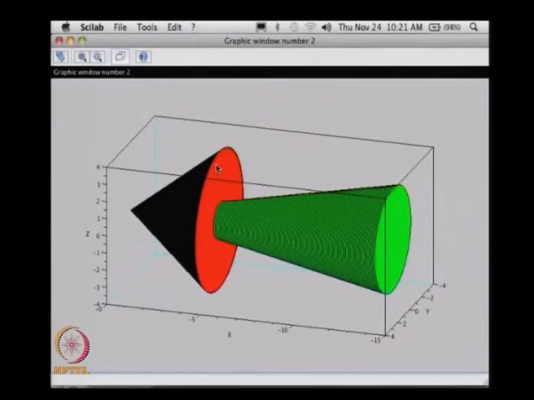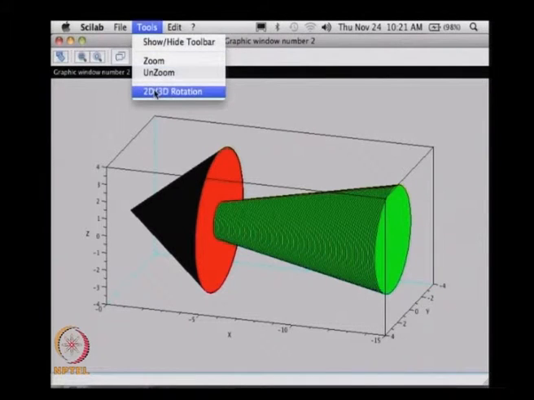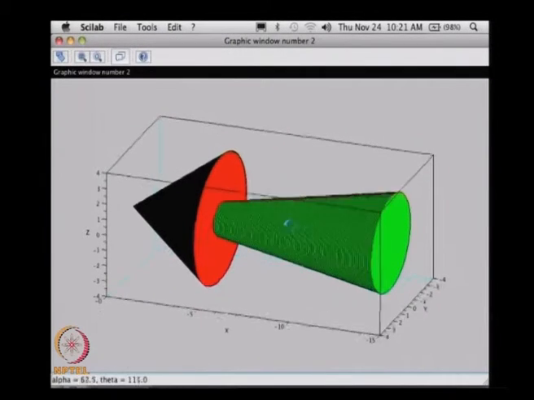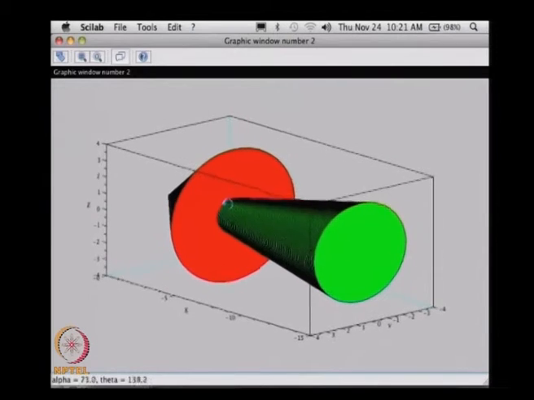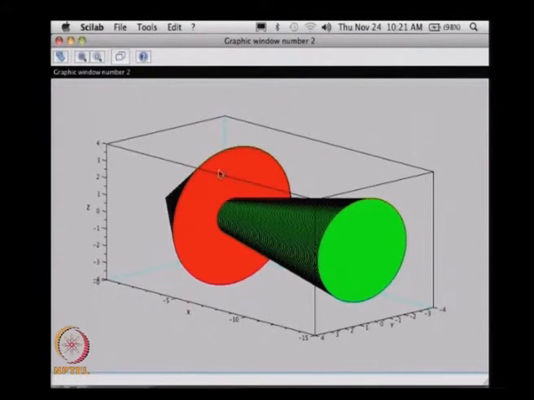Now the point is, when we are looking at this from various angles, we will try to understand the geometry over here. If you look at this, these are essentially concentric circles.